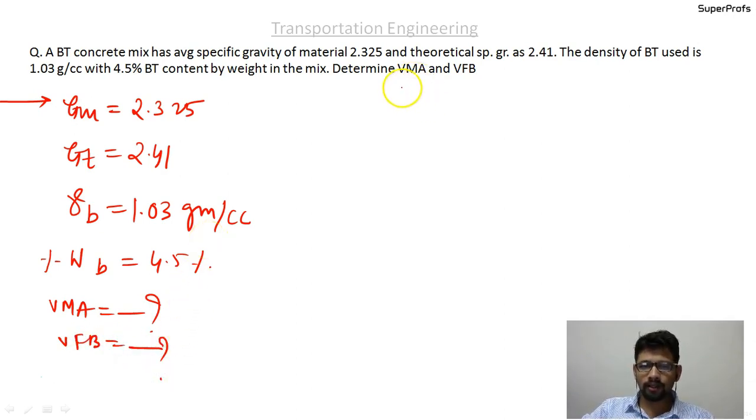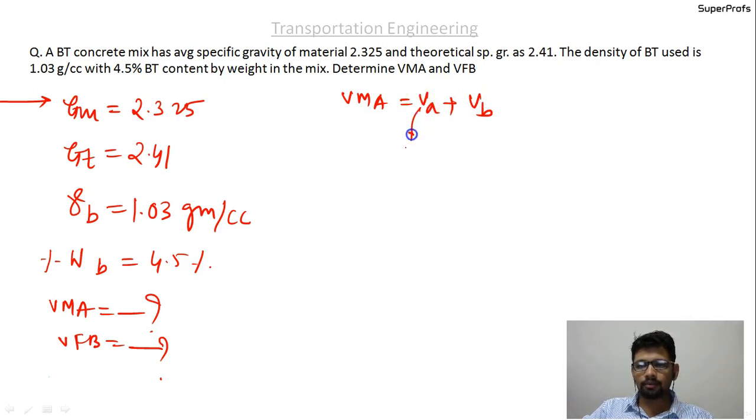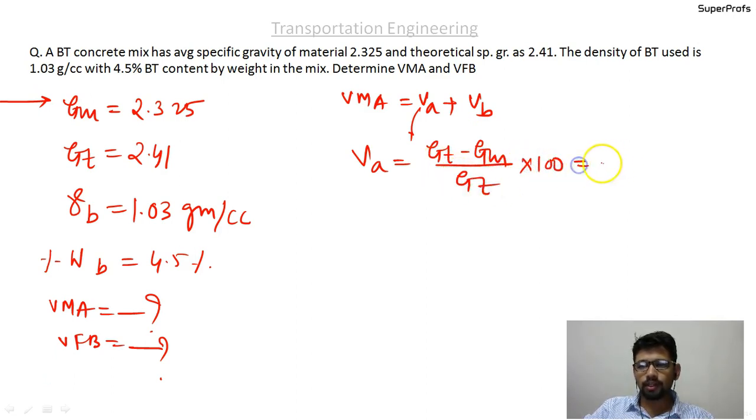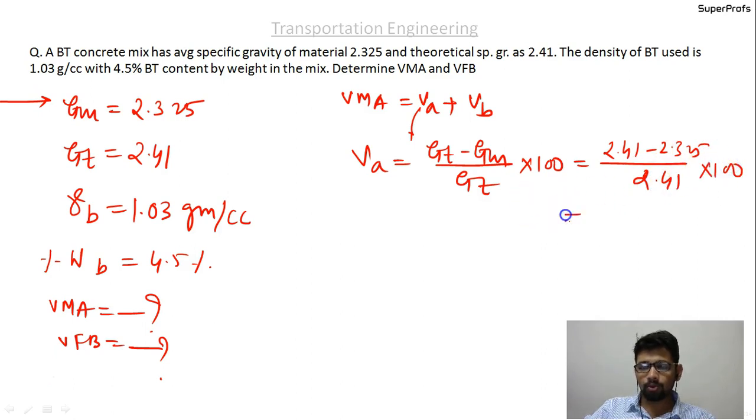So we now know that VMA is equal to VA plus VB. VA can be found out from VA equal to GT minus GM upon GT into 100, which will be 2.41 minus 2.325 upon 2.41 into 100. I hope you know the terminologies.